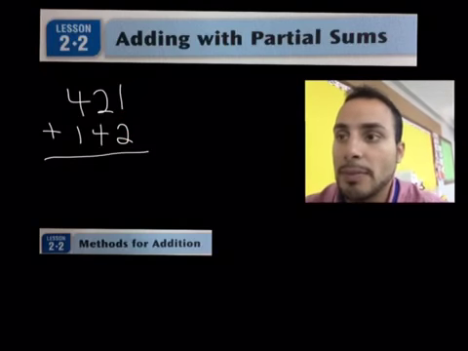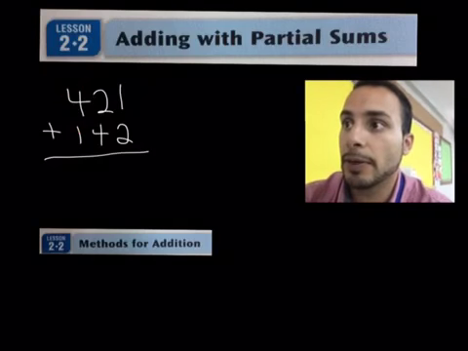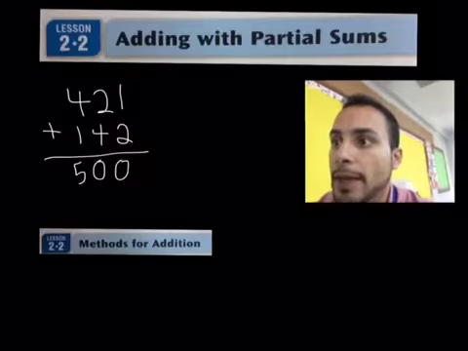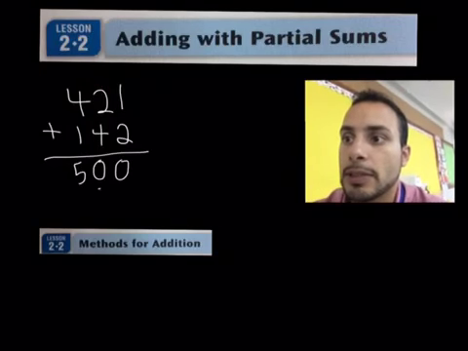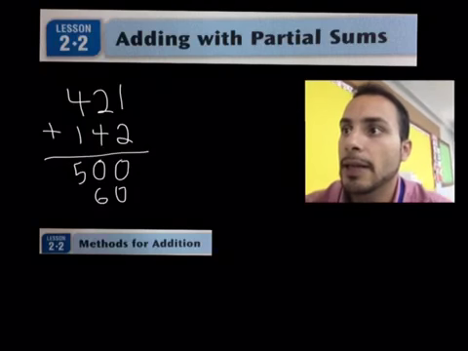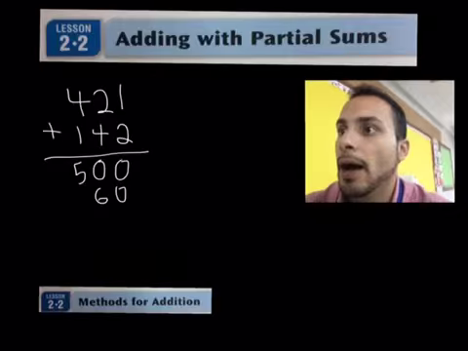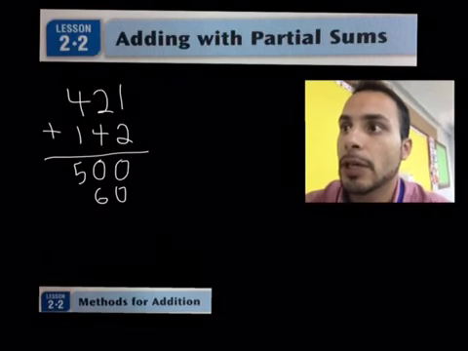So what they mean is you actually have to add each number. So 400 plus 100 equals 500. And then 20 plus 40 equals 60. And then, let me move this a little bit lower. 1 plus 2 equals 3.